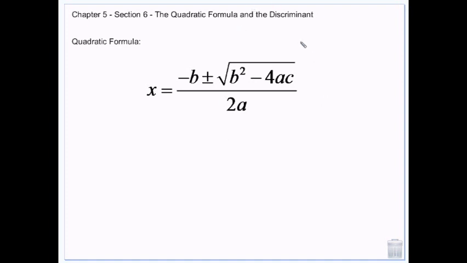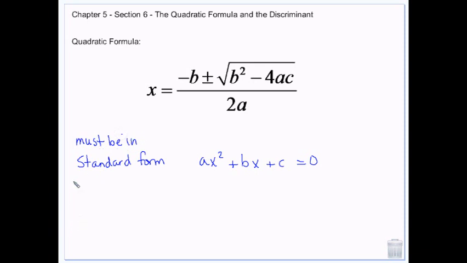And this is the quadratic formula. What you want to do is put the quadratic equation into standard form, which is ax squared plus bx plus c equals 0. So this is the first step. You must have it in standard form for this to work.